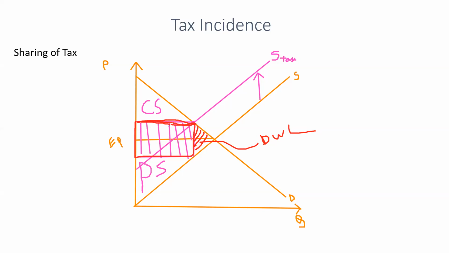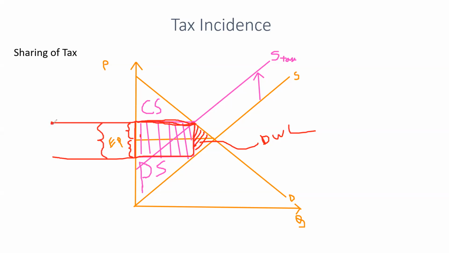Now, out of the total tax revenue, the contribution from consumer surplus by the consumers is this bit, and the contribution by the producers from the producer surplus is this bit. It literally means, if I spread this out, this is the total amount of tax, right?